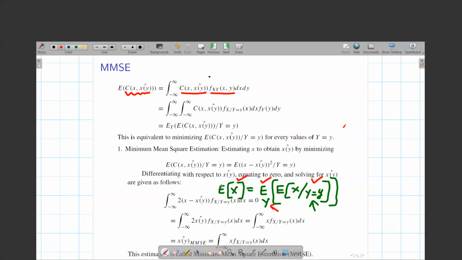That is the way we can calculate this. This is the trick we are using. We are taking this conditional expectation and then taking it over y, right? That is not exactly written here. So while calculating the expectation of this cost, we are writing the expectation of that cost function, whatever it is, given y equal to y, right?